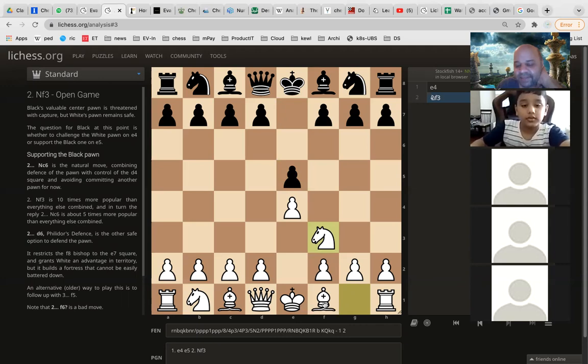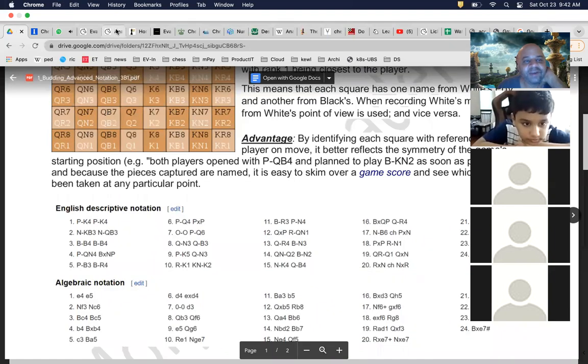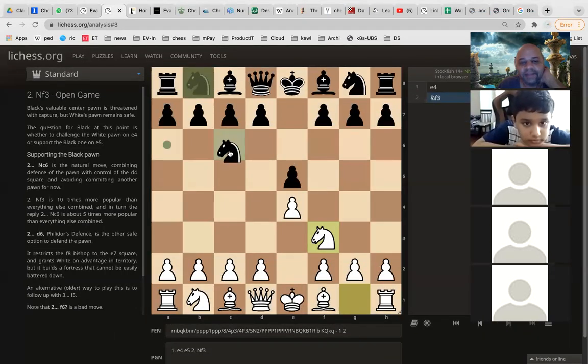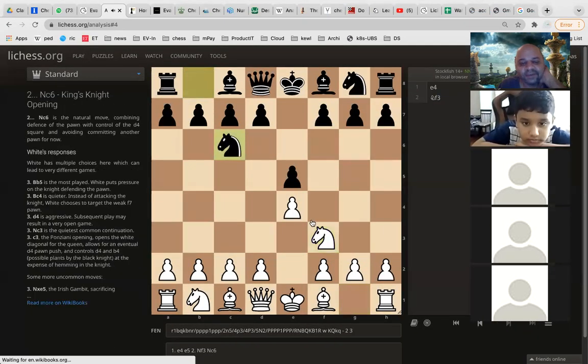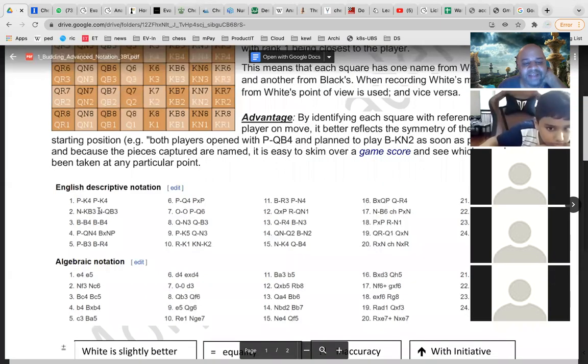This is the king side bishop file, and 1, 2, 3. Can you see this here? N dash KB3. And now, if black plays knight C6, how will we write this? NQB3. Correct. Absolutely right. So this is the way that we write it.